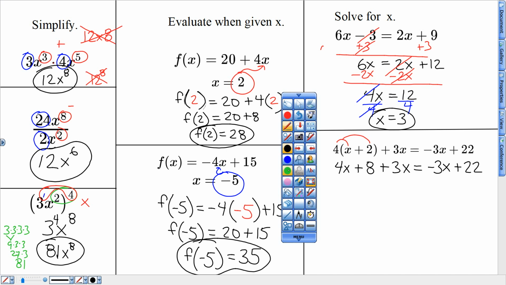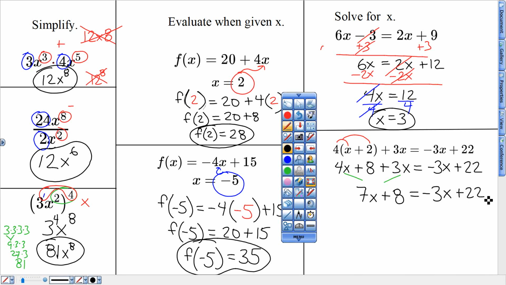And then my next step before I do any of these inverse operations is to combine like terms on the same side of the equation. So make sure, again, they're on the same side. So this gives me 7x plus 8 equals negative 3x plus 22.